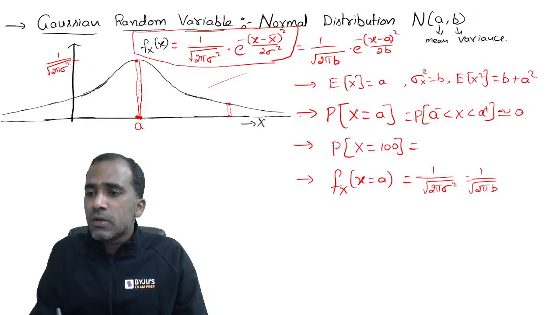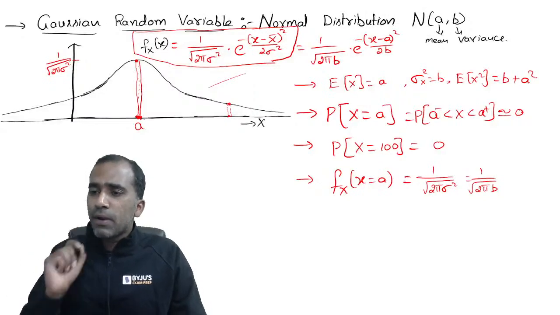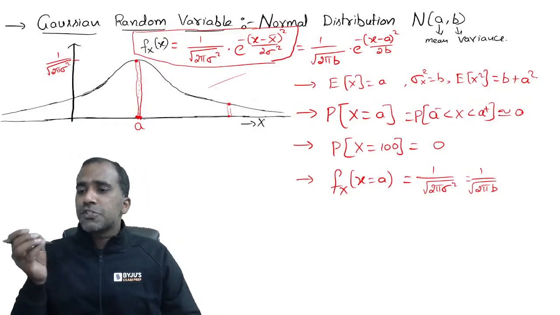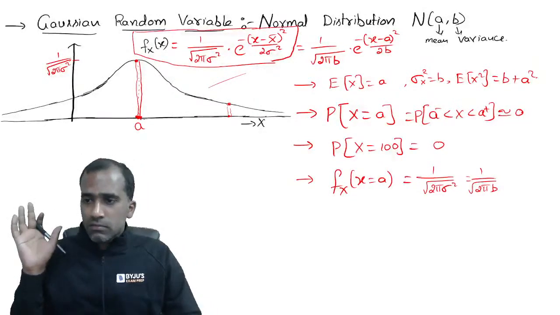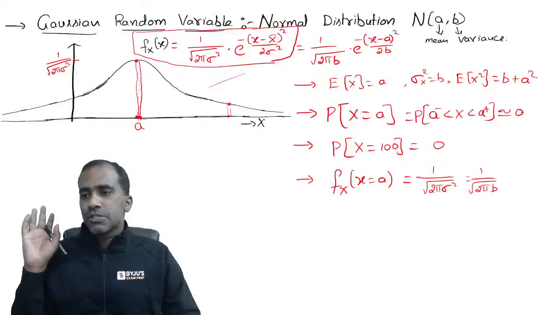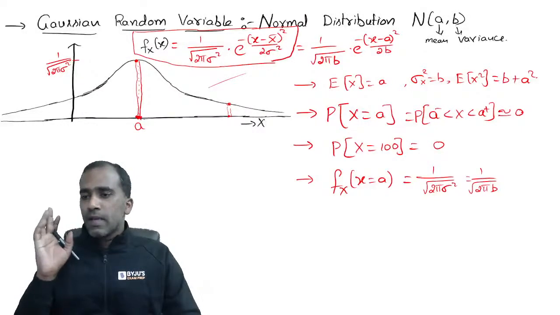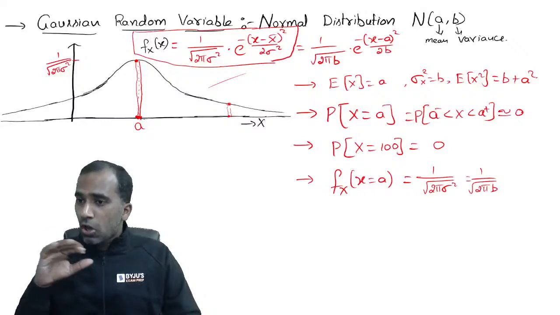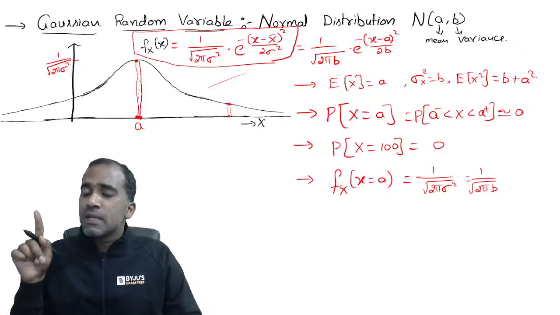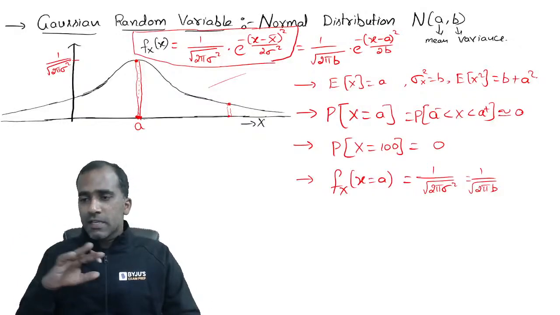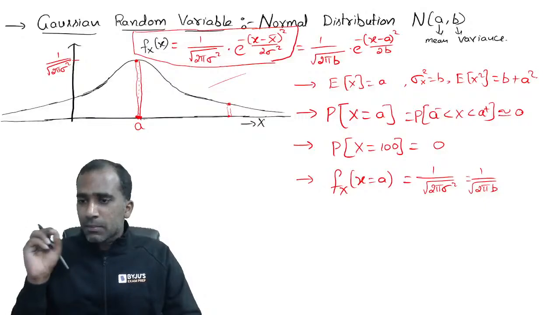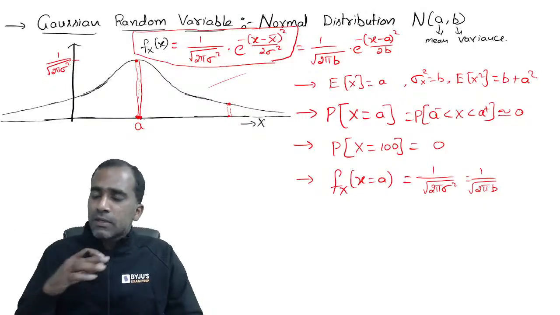From 100 minus to 100 plus, the area is 0. Probability at any particular point in a continuous PDF generally is 0, except in one situation, and that situation is: probability at a particular point is non-zero in a continuous PDF only if there is an impulse at that place. If there is no impulse in the PDF at a particular point, then probability is 0 at every point.